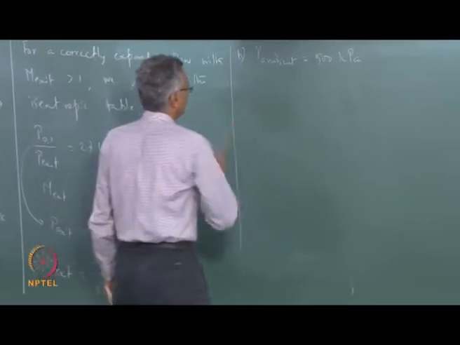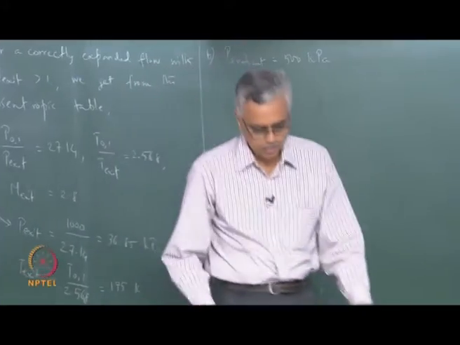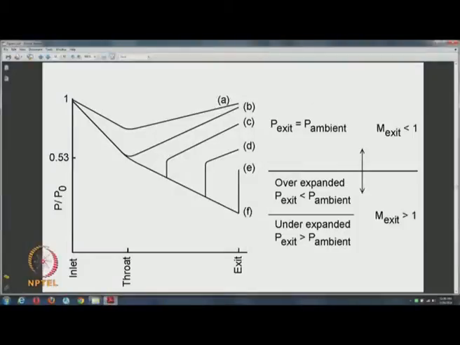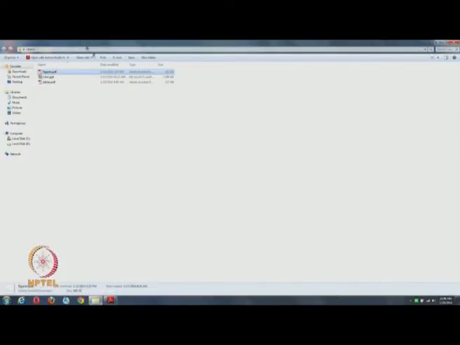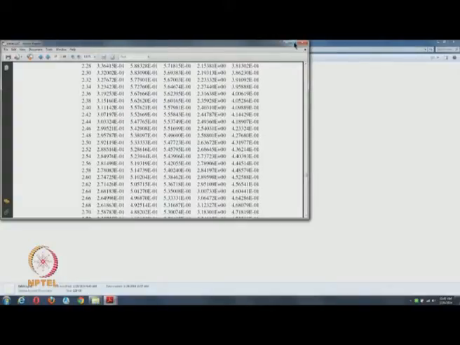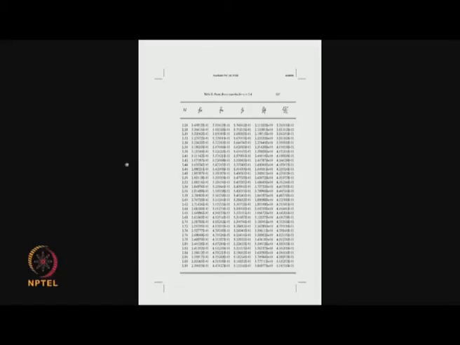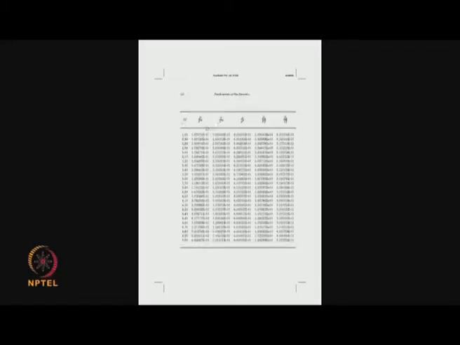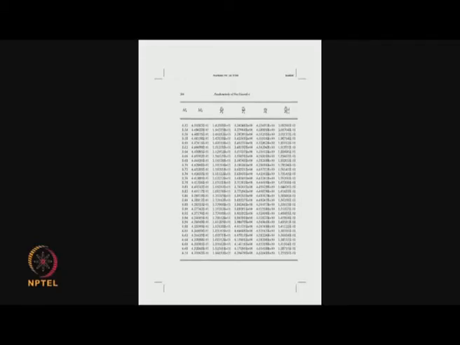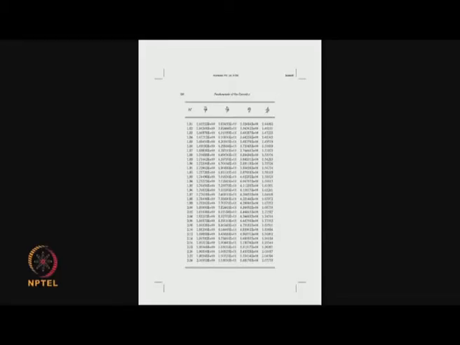So, we do the same thing. We go back to the tables, and let us take a look at the tables here. So, if you remember, these are the tables that we looked up earlier.